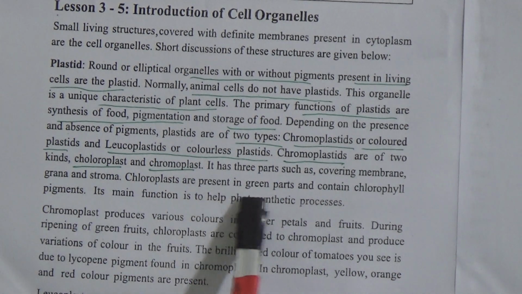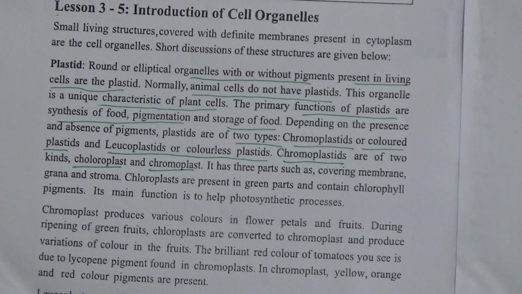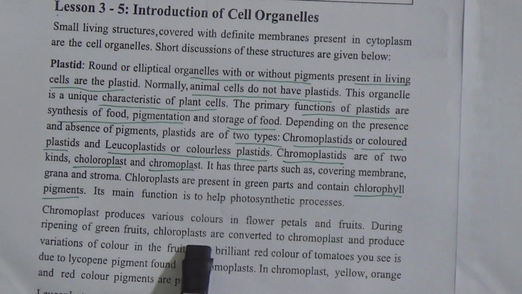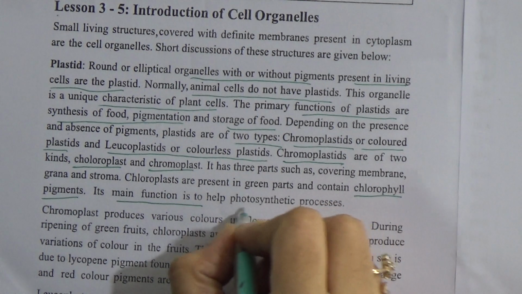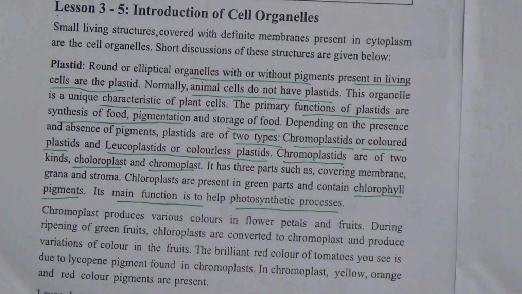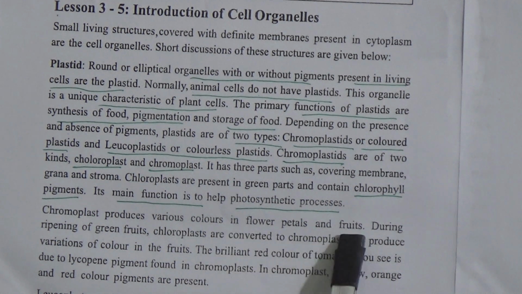Chloroplasts are present in green parts and contain chlorophyll pigment. Its main function is to help the photosynthesis process. Chromoplasts produce various colors in flower petals and fruits.